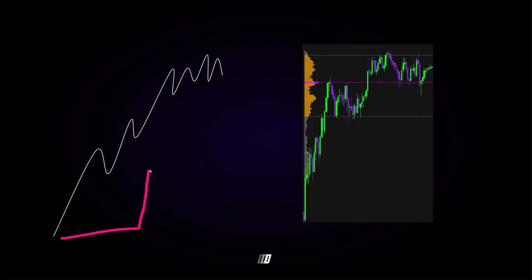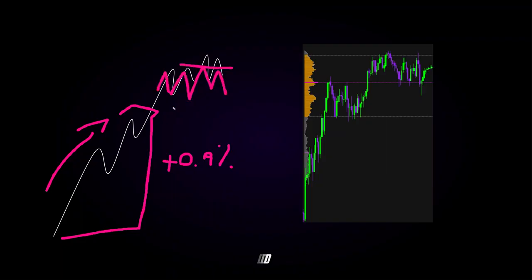Well, if in the first part of the session we already did plus 0.9%, we went up almost 1% in the first part of the session, there's a higher chance that after all of this aggressive buying, we'll finally find a situation of balance, okay?